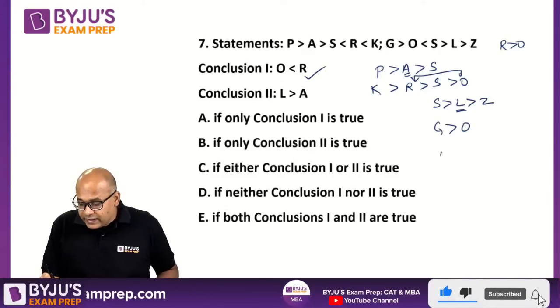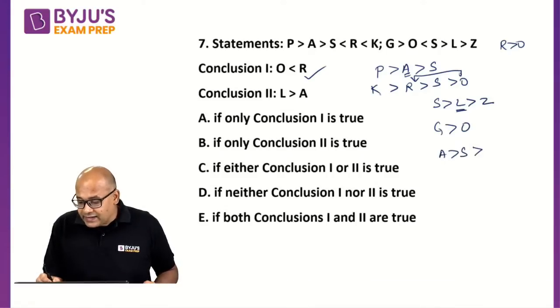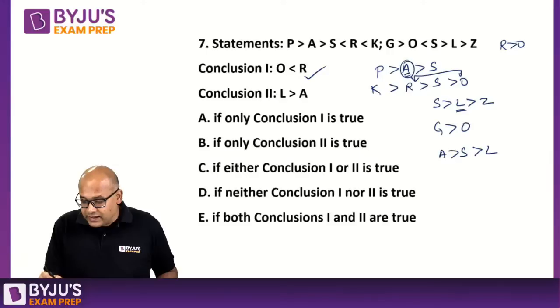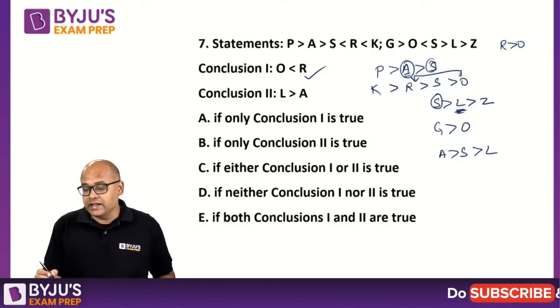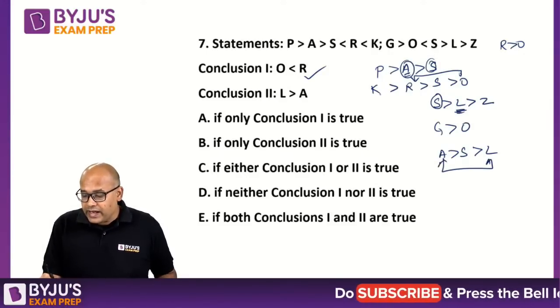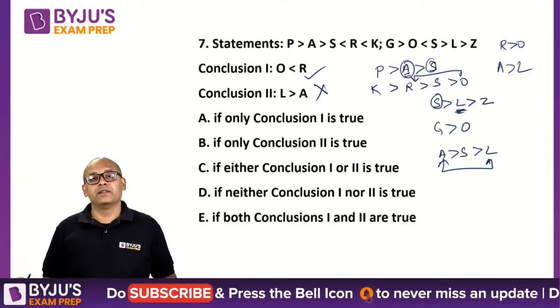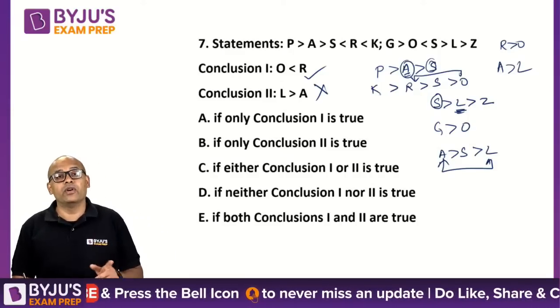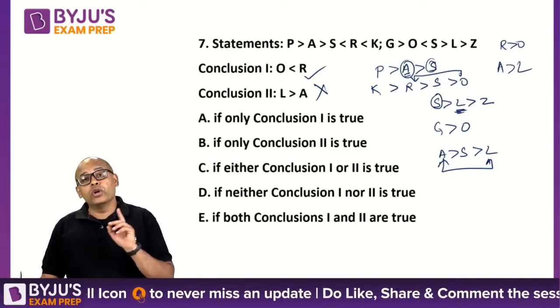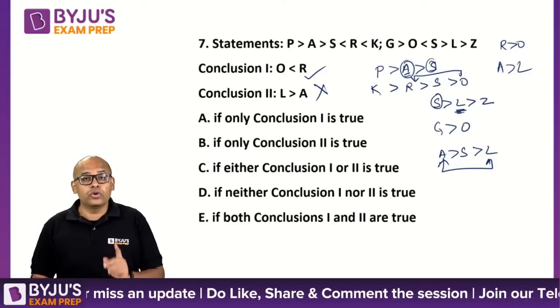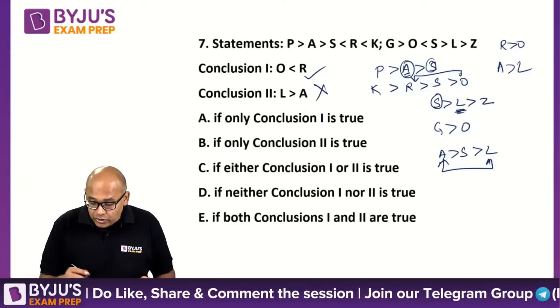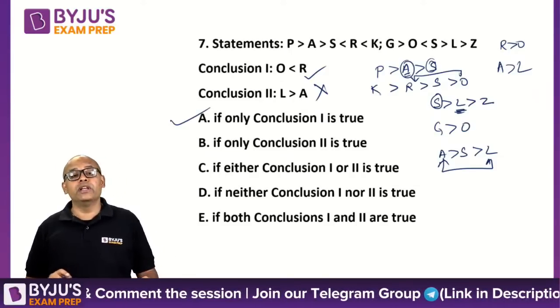Now we see that A is greater than S and S is greater than L. So if you notice, A is here, S is here and L is here. So definitely you have A greater than L. So this is not correct. L greater than A is not correct, it's the other way around. A should be greater than L. So only conclusion 1 is true, conclusion 2 is incorrect. So the answer will be option A, only 1 is true.